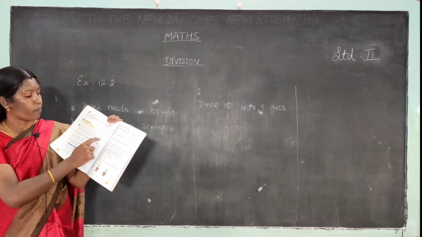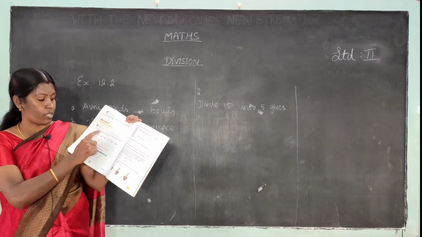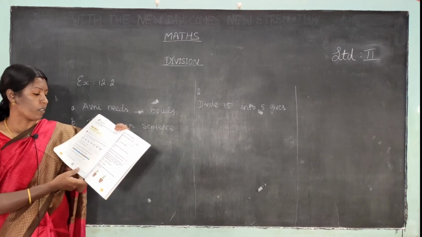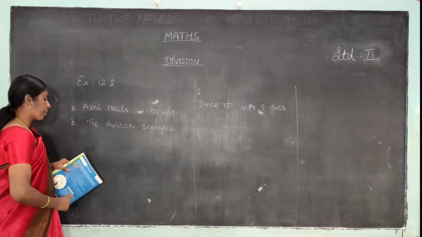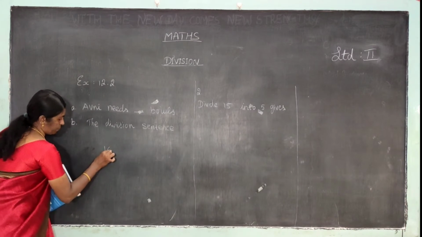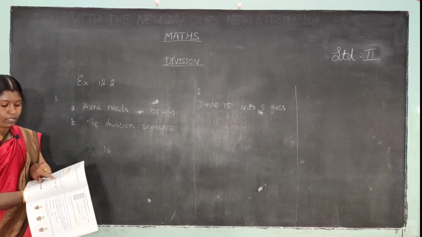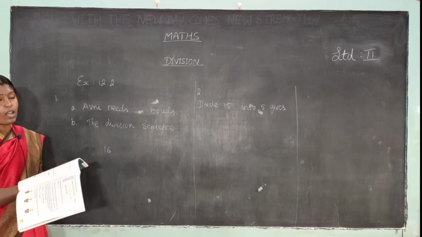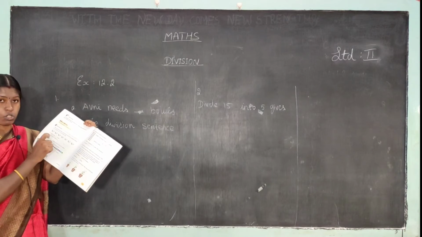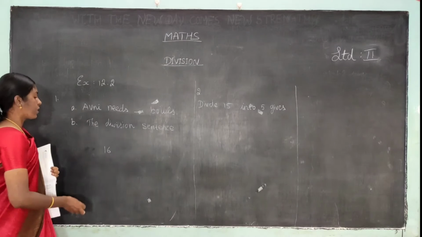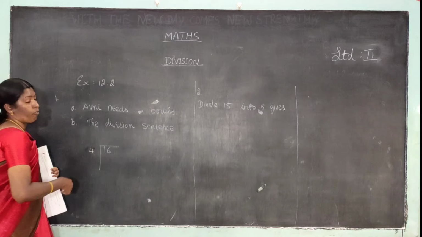To find out the number of bowls, Avni needs to serve 16 chocolate balls. Okay, we have to divide what? 16. That is the total, 16 chocolate balls, and he wants to share with 4 chocolate balls in each bowl. So 16 divided by 4.